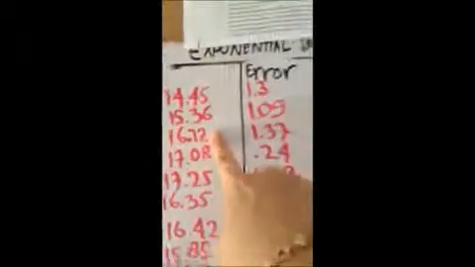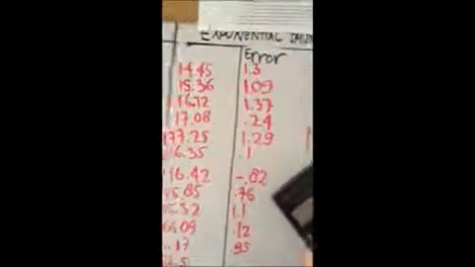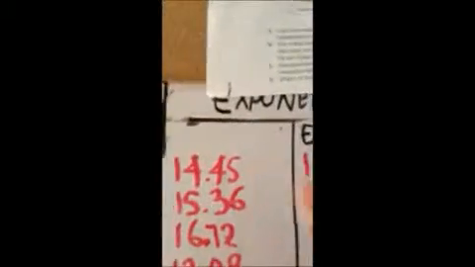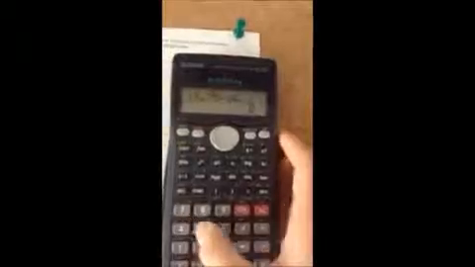After that, as usual, we are going to look for the error. So we are going to get the second data because we start at the second line. Second data is 15.75. We are going to minus 15.75 minus 14.45.